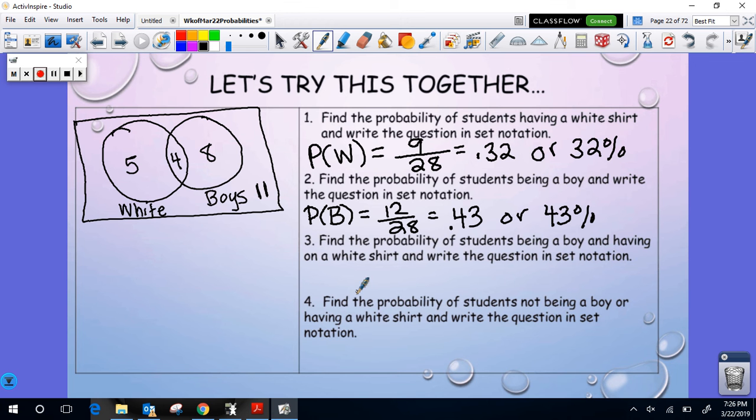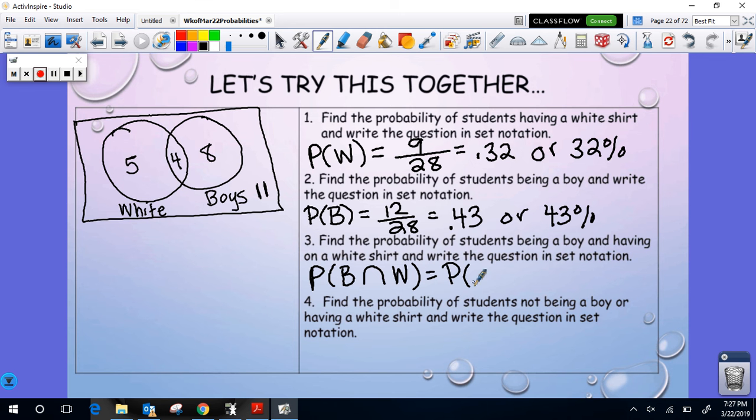Now it says find the probability of students being a boy and having a white shirt. Write this as set notation. So I want the probability of being a boy, and that means intersection, having on a white shirt. So you can look at the middle here and do that, but there's a way you can do this.